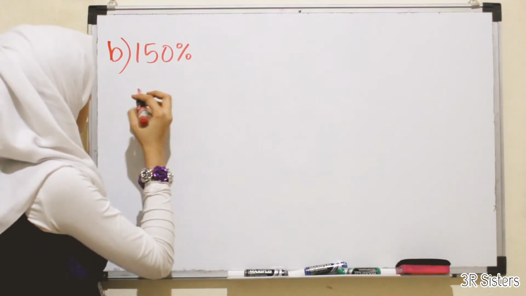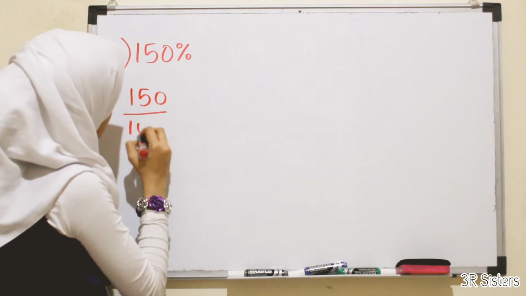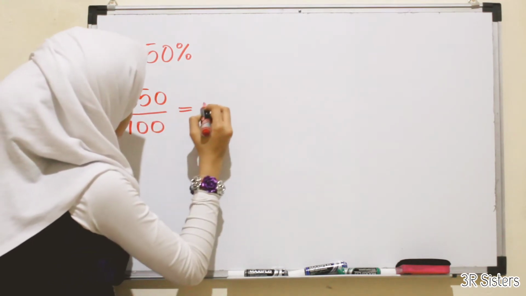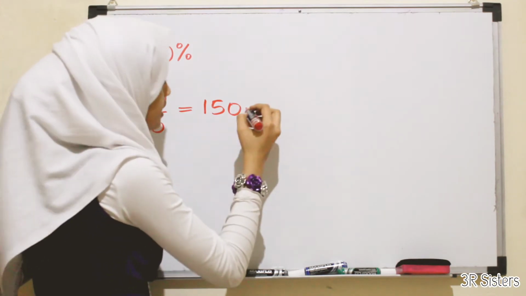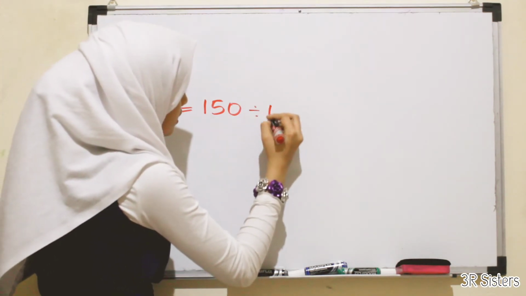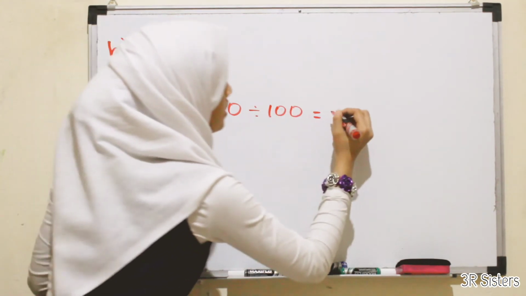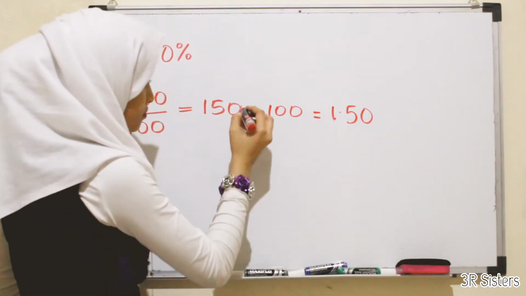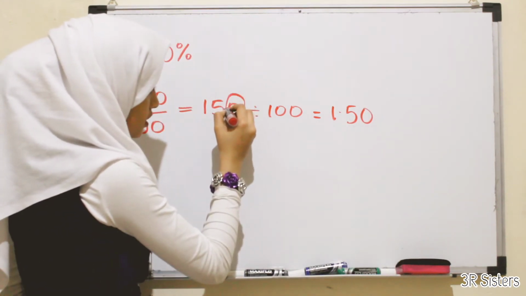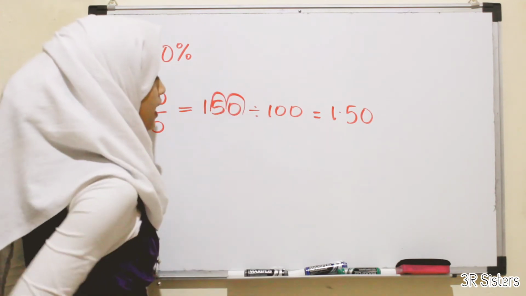So first we will write 150 by 100, which is 150 divided by 100, which gives us 1.50, because the point moves here and then here, so the point will come here.